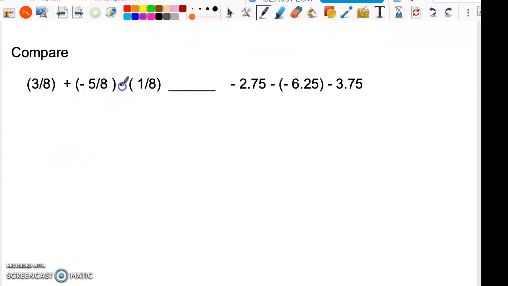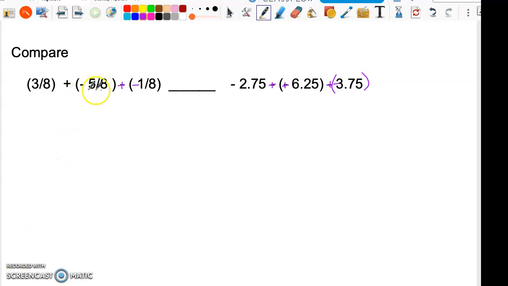I have plus -1/8, so I have two negative numbers here. Over here I have -2.75. Here's a plus, and here's a -3.75.